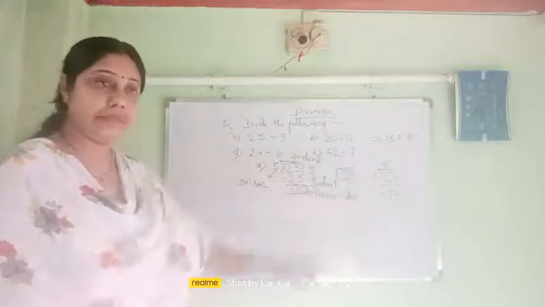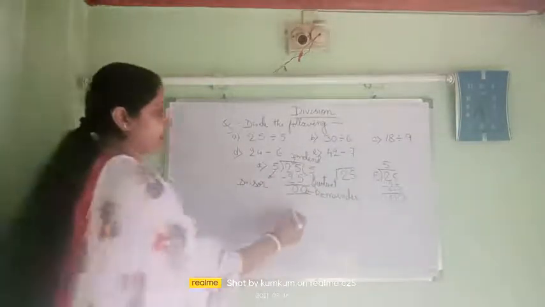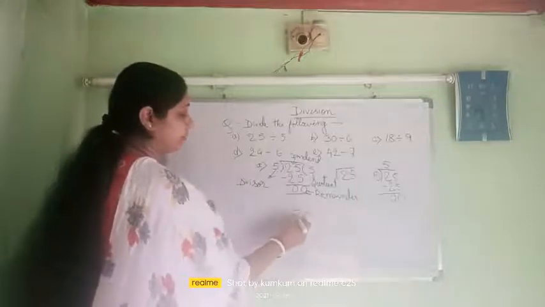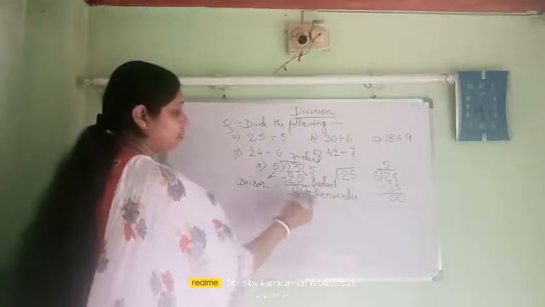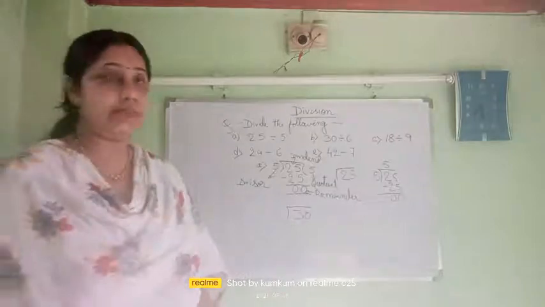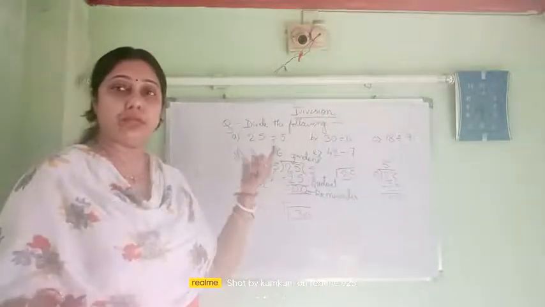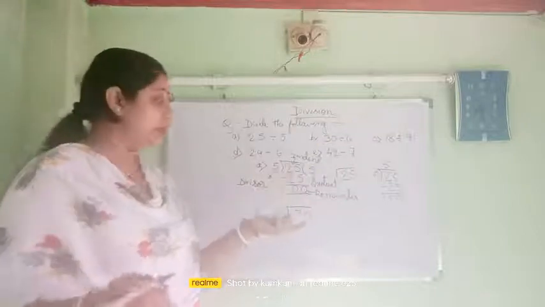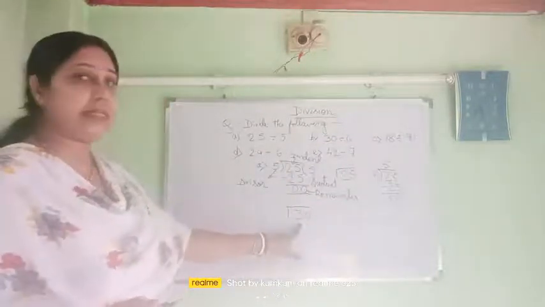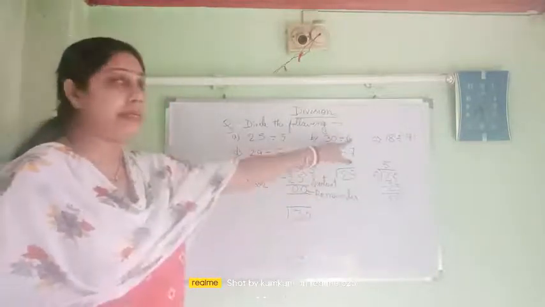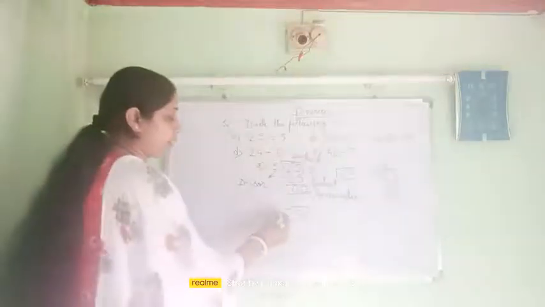Both are correct. Next, let us practice 30 divided by 6. I am showing you both the processes. Whichever is easier, if you want to write to your right side, you can write, or if you want to write up, you can. The greater number I will write inside and the smaller number 6 outside.